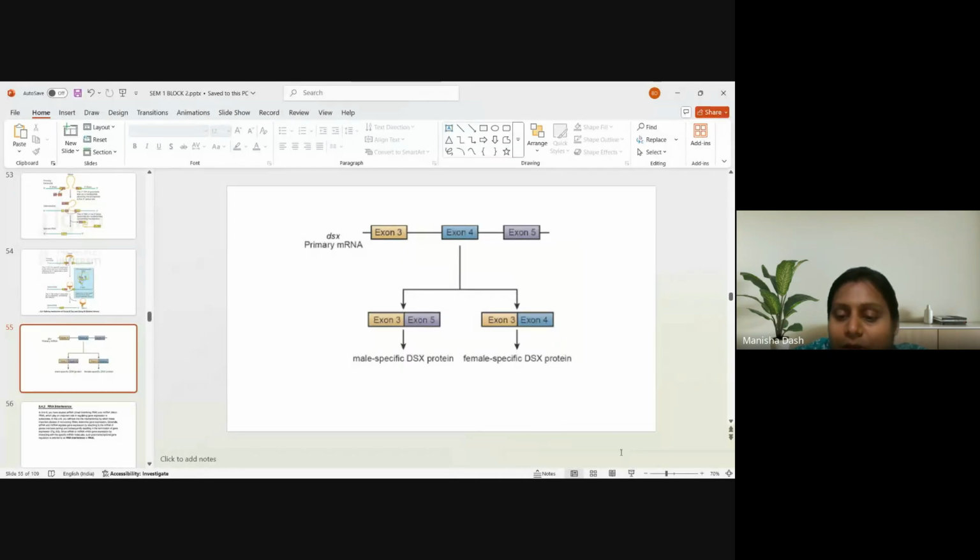This part we will see in detail in the next unit, where we have the sex determination mechanism.